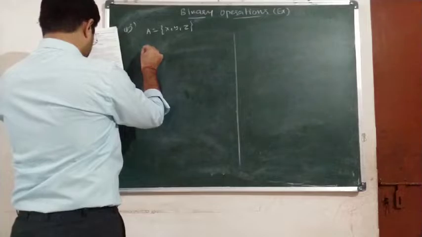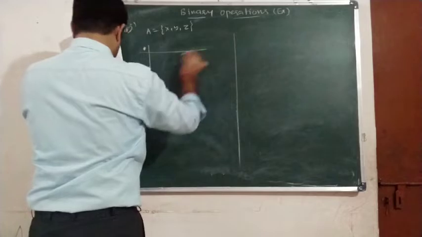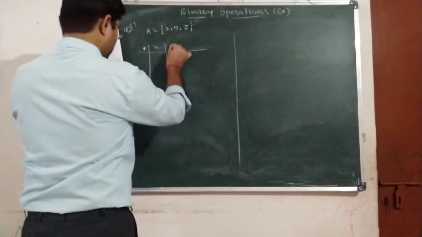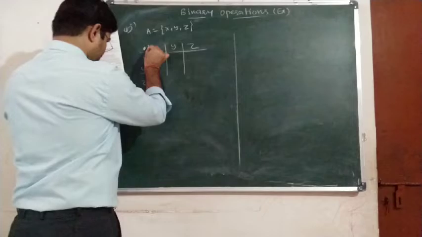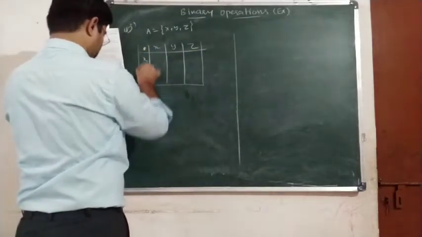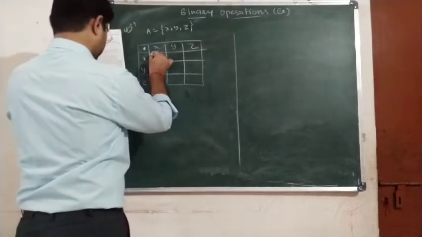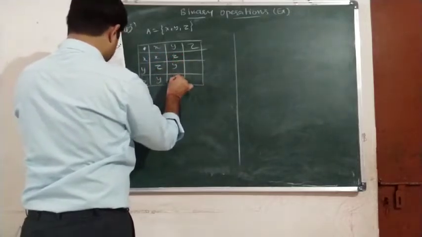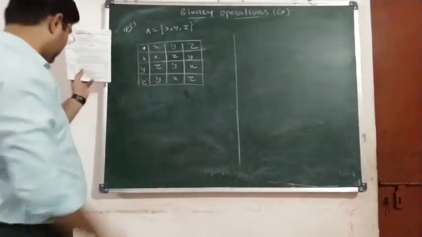You are given a composition table defining the binary operation asterisk. Okay, this composition table is given in the question.